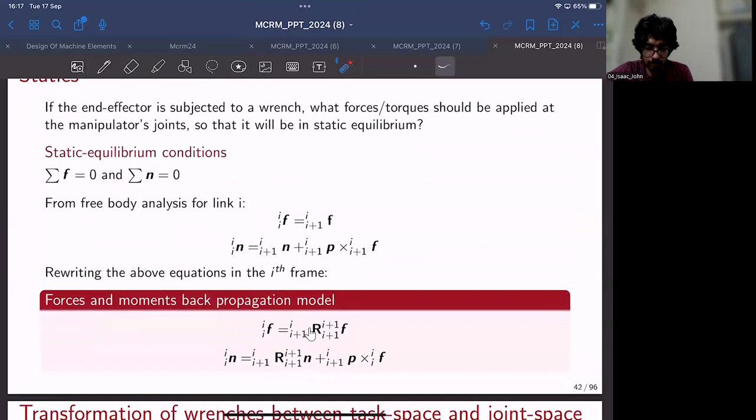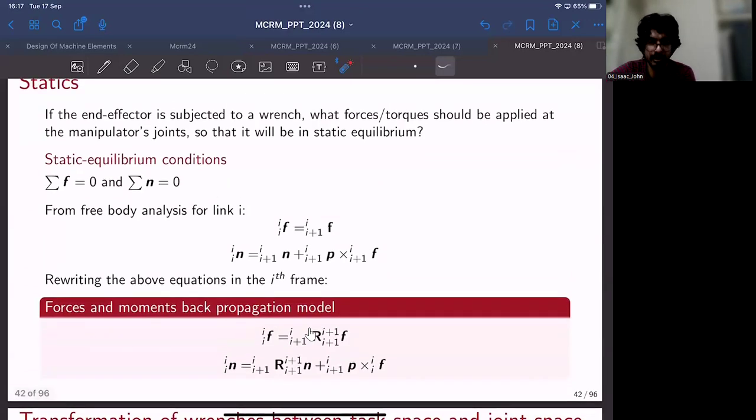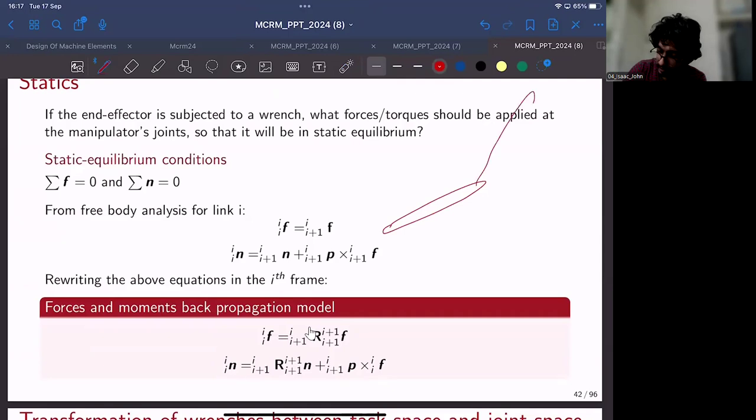Then we have also seen the problem of statics. For example, consider a 2-link robot like this, connected by two joints.